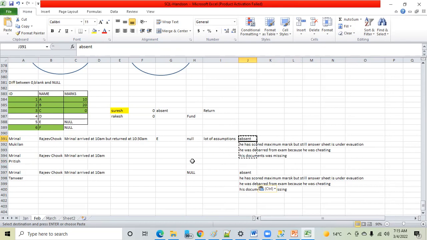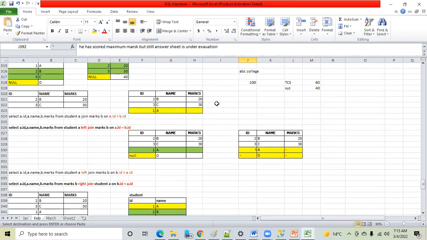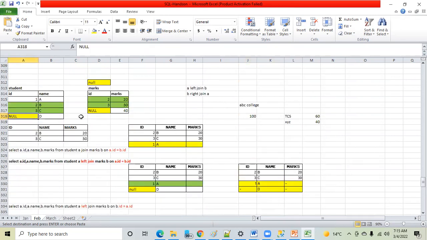And when you compare null in the SQL world, SQL gets confused about what has actually happened. I'm not sure. Okay, that is why your SQL engine sometimes throws unexpected results. Like in joins, I have shown you that null was present in both the tables, but still why have you not got any data here?